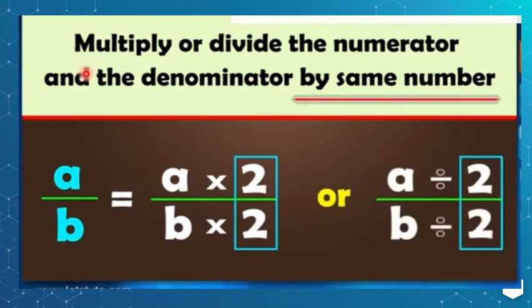It means equivalent fractions can be made by multiplying or dividing the numerator and denominator by the same number. By doing so, the fraction will be unchanged. That's why we always multiply the numerator and denominator by the same number to make an equivalent fraction.